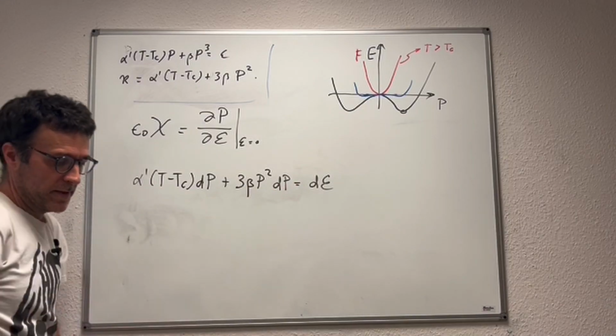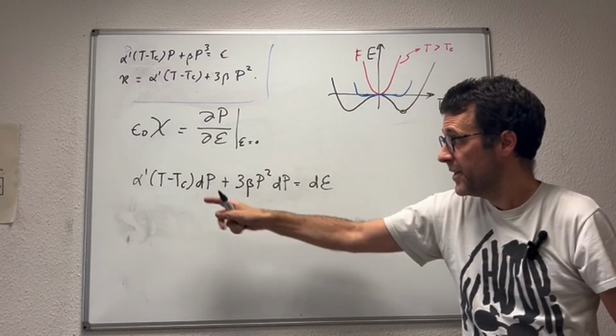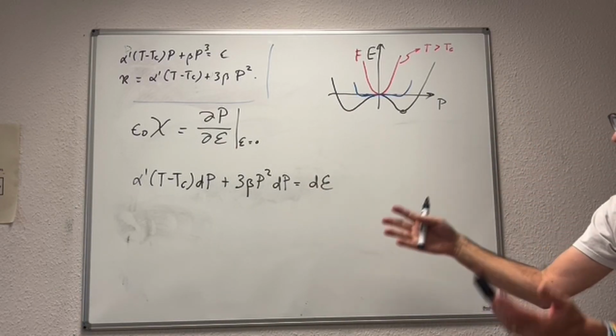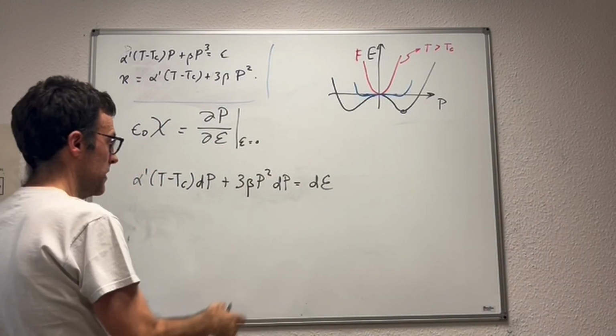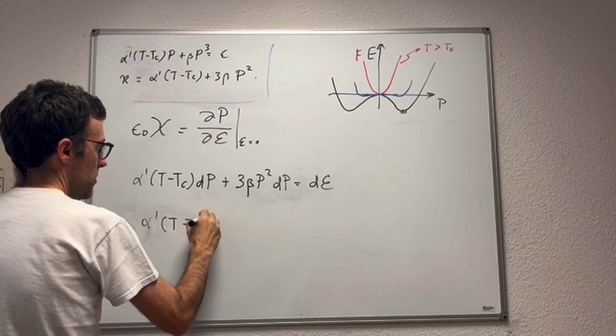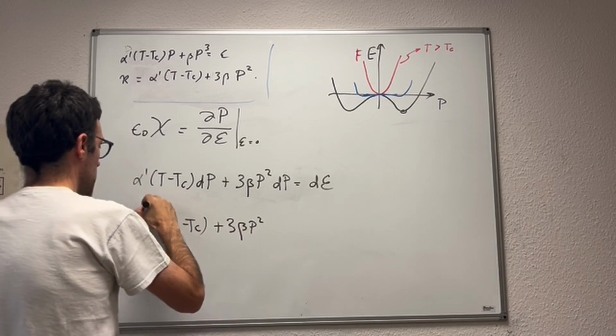Okay, so the equation of state tells us how our variables have to change together. And when we have something like this, for this very particular quantity, we can deduce it immediately. If we divide everywhere by dE, I have something like T minus Tc over here, plus 3 beta P squared.